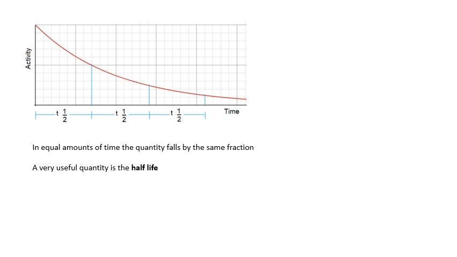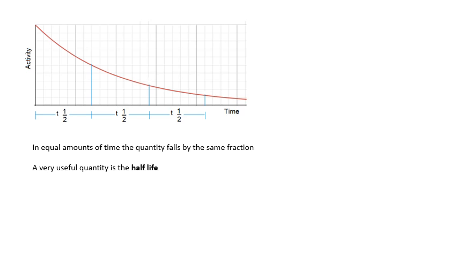There is a property of exponential decays, and that is that in equal amounts of time, it will fall by the same fraction. And if that fraction is a half, then we call that amount of time the half-life.